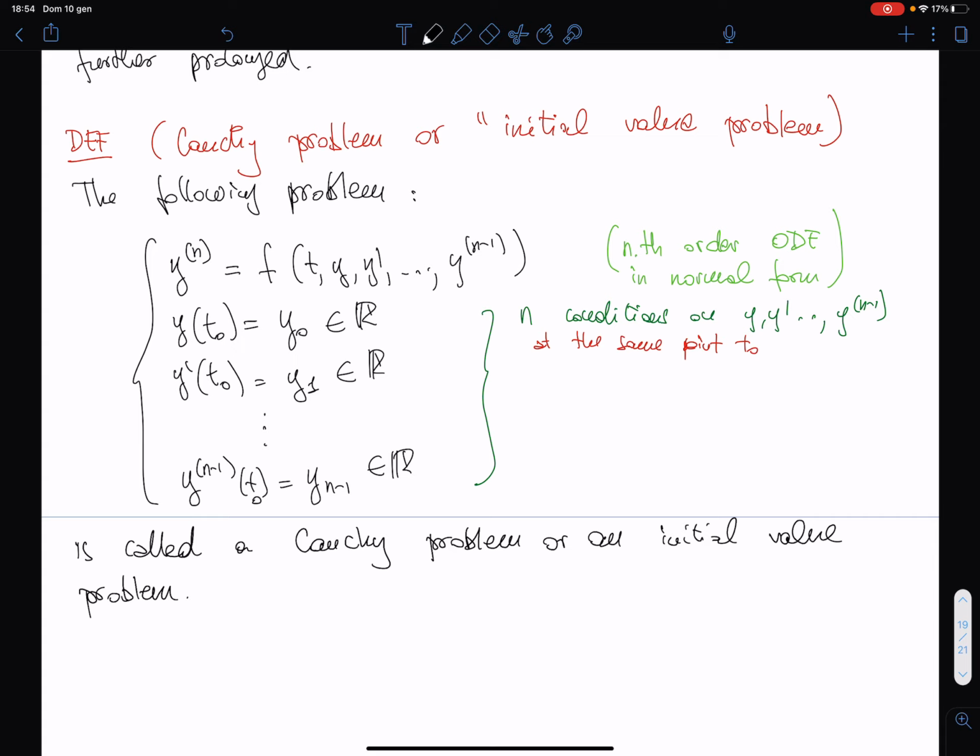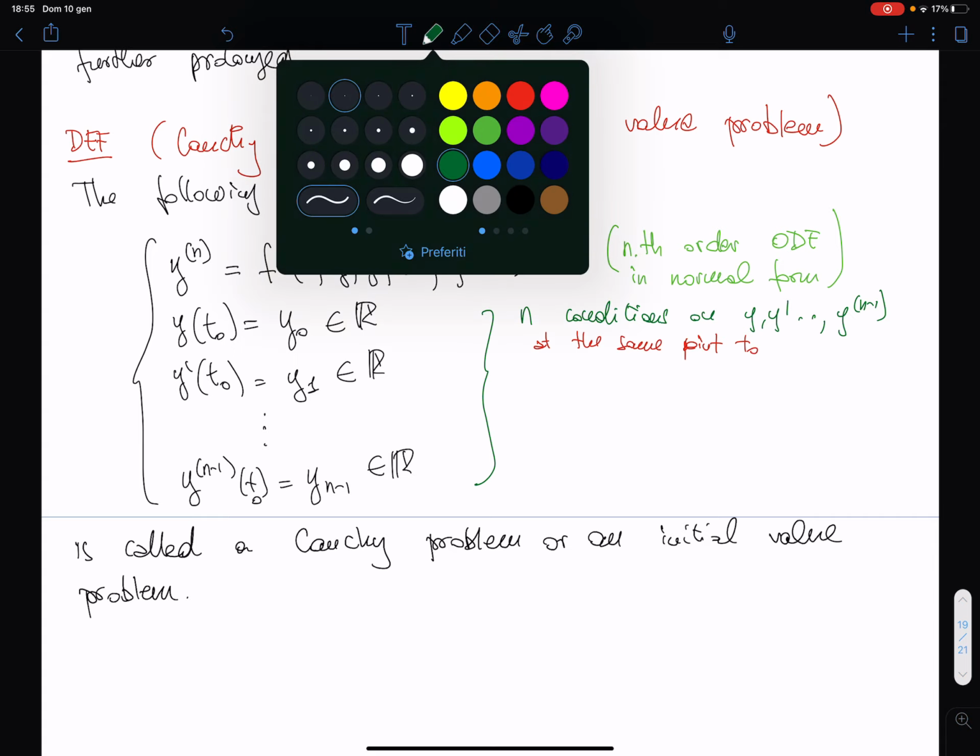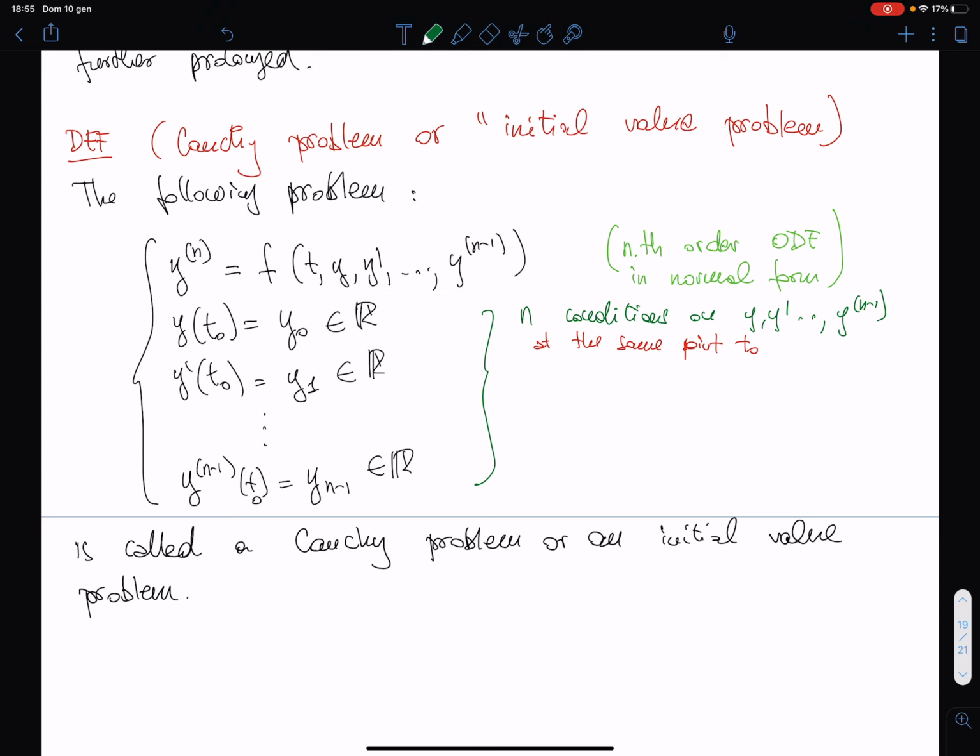Okay. So the complex of these additional conditions outside of the differential equation is called initial data. These are n initial data. Okay. So this problem is a Cauchy problem.